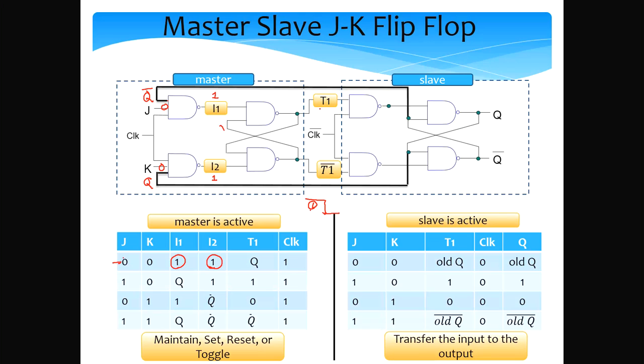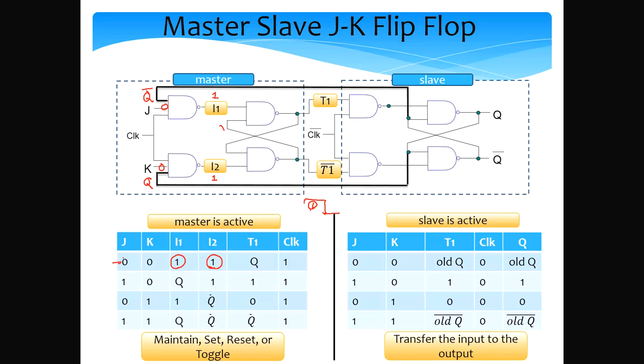So what value was there? The old value of T1. So T1 is essentially what we're using to label the value at this wire. It's not a separate structure. So what was the old value of T1? The old value of T1 was the same as Q. So basically whatever was in Q was in T1. Let's just consider what happened before this clock cycle.